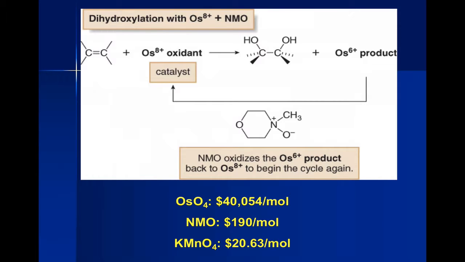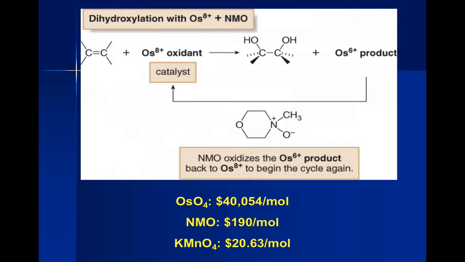Okay, and we talked about the fact that we can make this catalytic, right? So if this is an oxidant, it must get what in the reaction? It gets reduced. That's right. So osmium 8+ becomes osmium 6+. The alkene is now a reducing agent, and it becomes oxidized. So all that stuff that you learned in general chemistry.